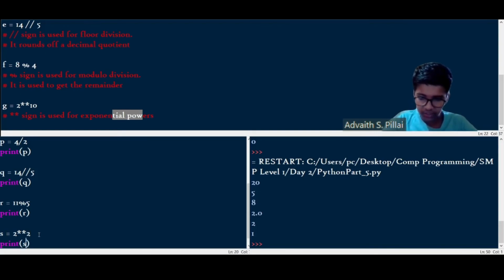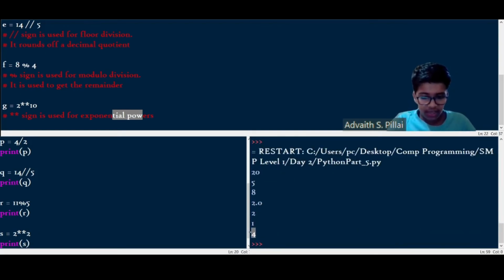We get the answer 4, which is correct. Now if we try it with different values, if we do 3 to the power 3, let's see if it works. And as you guys can see, the answer is 27, which is correct.